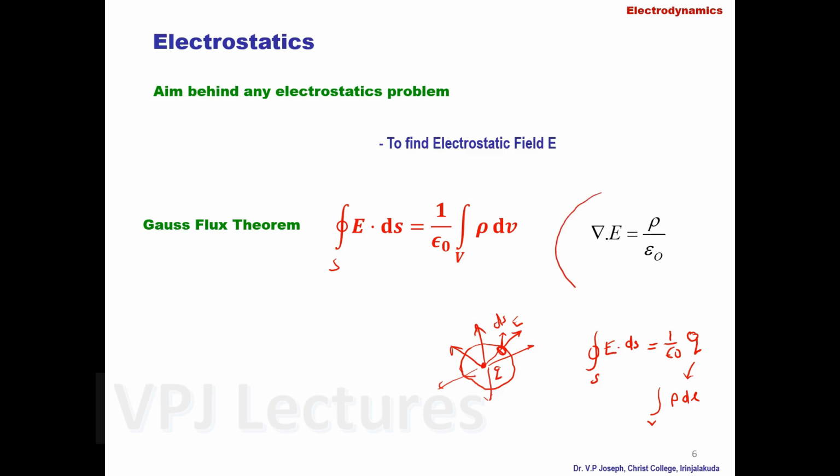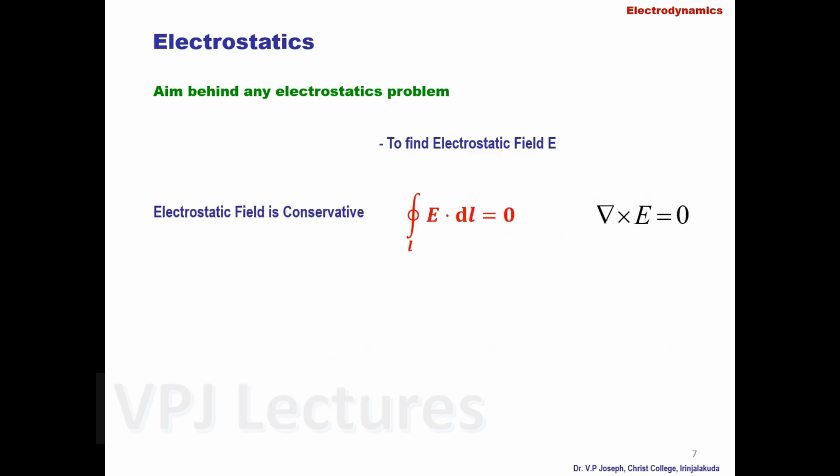This is the differential form of this equation, that is the divergence of E is equal to the charge by epsilon 0, and this equation may also be represented in the case of a dielectric medium as del dot D is equal to rho S, or sometimes rho P. Del dot D is equal to rho. So these two equations are mainly used to find the effect due to an electrostatic cause.